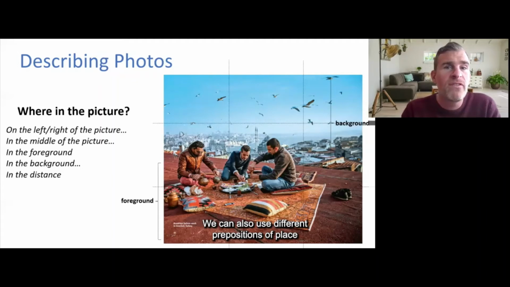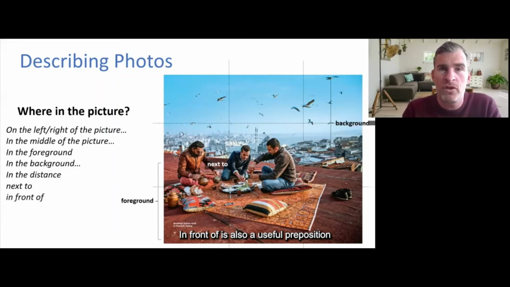We can also use different prepositions of place to describe where people are in relation to each other. For example, next to. So in this photo, I might say the 2 men are next to each other. In front of is also a useful preposition or prepositional phrase. So for example, the cushion is in front of the men.